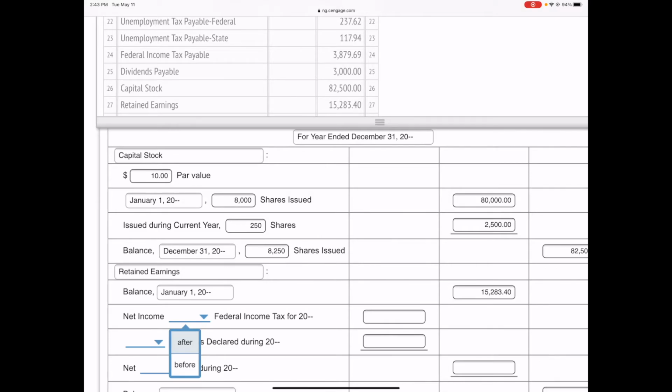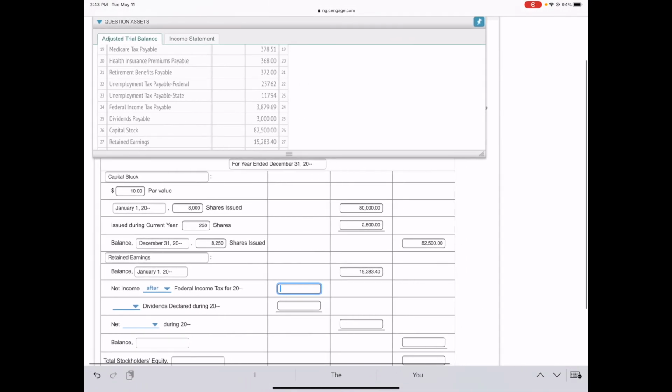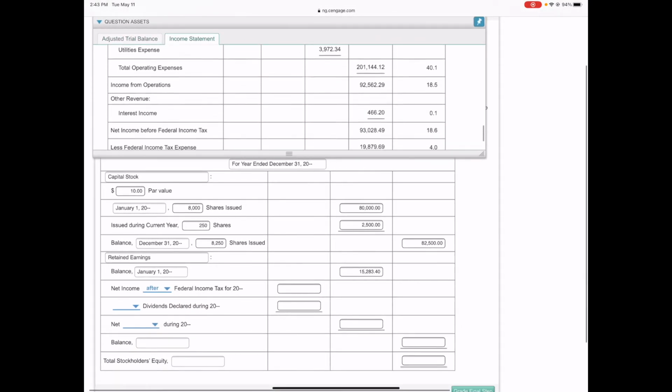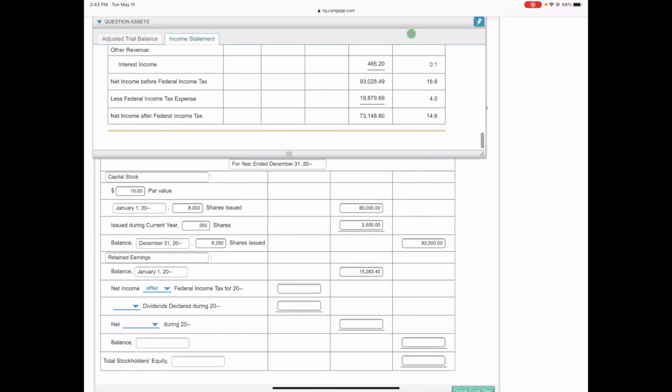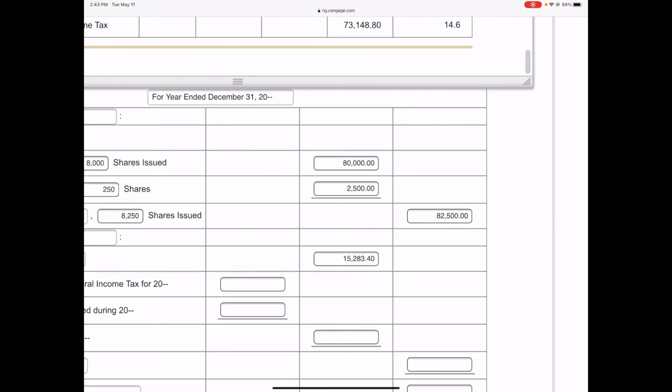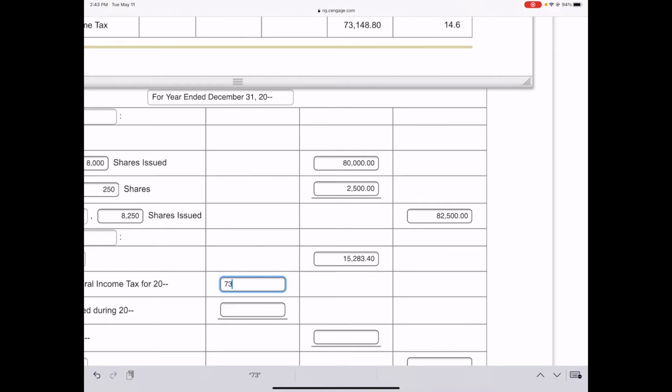Next, we're going to do our net income after federal income tax. So now we have to go up to our income statement, go down to where it says net income after federal income tax. It's right there, $73,148.80.